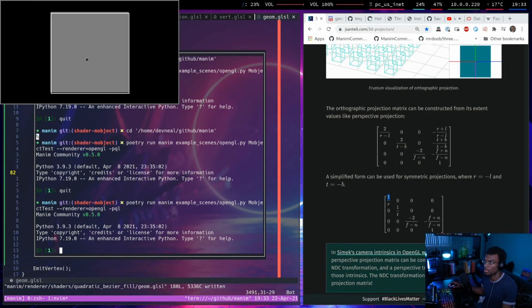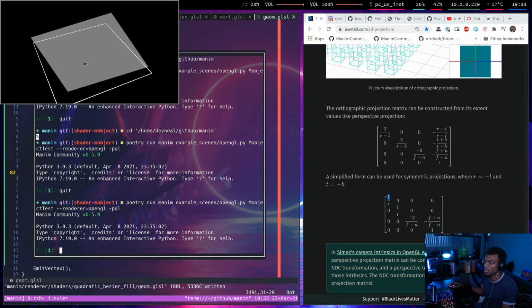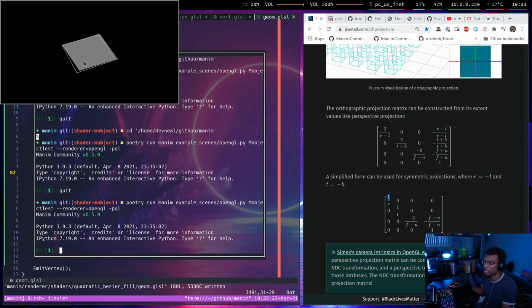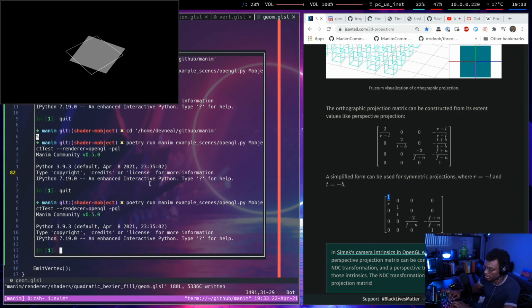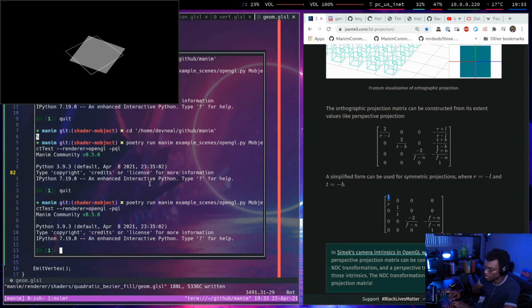Oh, it does when I zoom the way the regular objects are zoomed. Or the existing objects are zoomed, I should say.